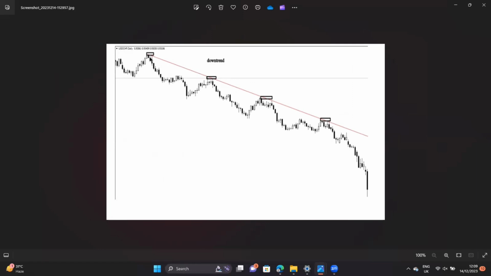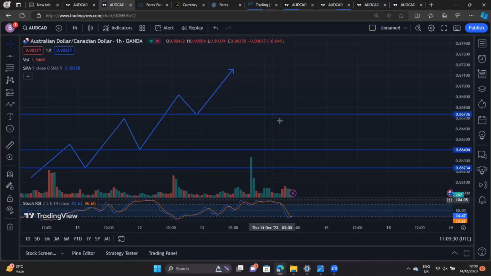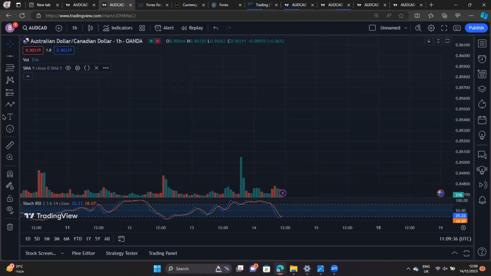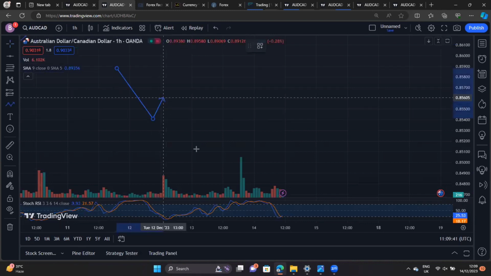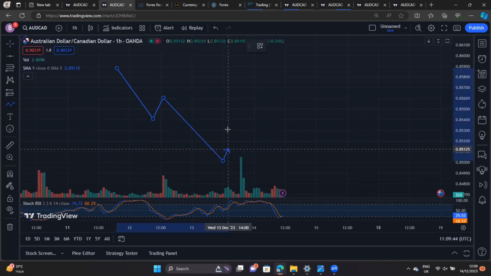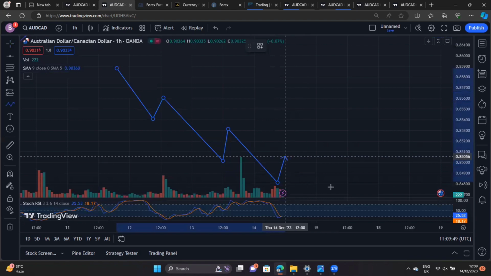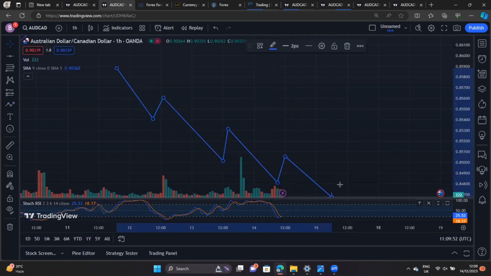In a downtrend, the market always makes a movement or structure in the form of lower lows and lower highs. So you always have this pattern for a downtrend: lower lows, lower highs, lower lows, lower highs. And it continues until there is a reversal.